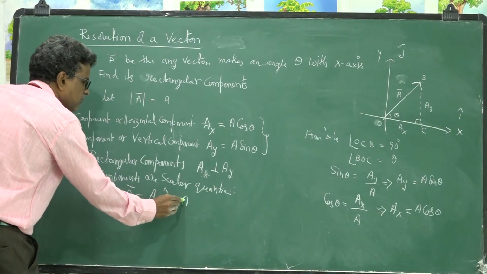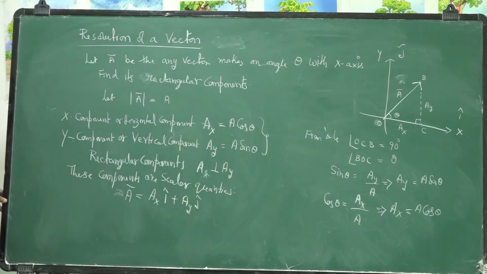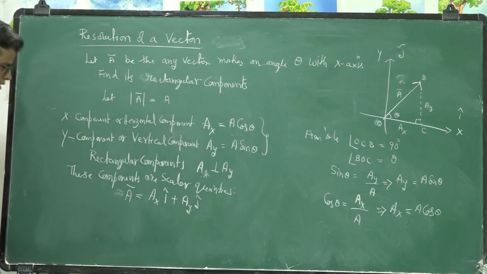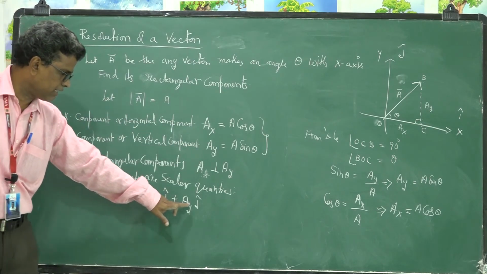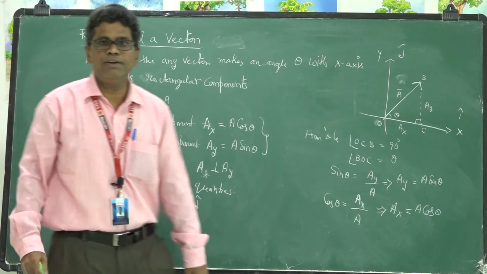Similarly in the y direction, AY multiplied with j cap. By adding these components, multiplied with unit vectors, you will get the vector again.